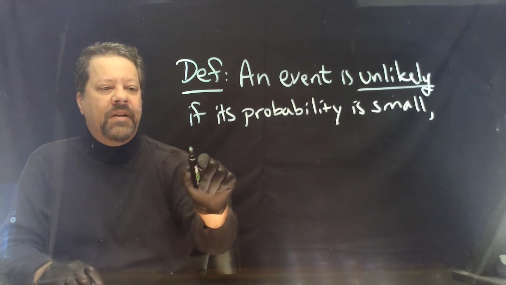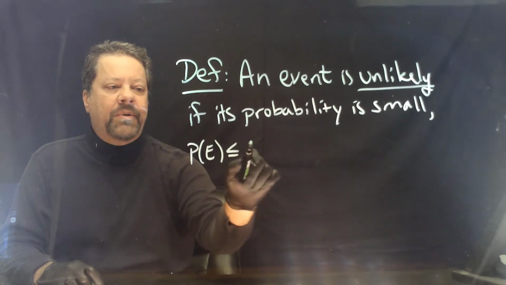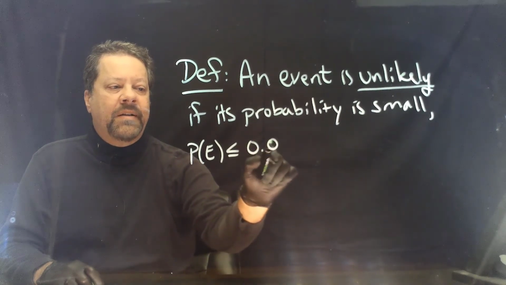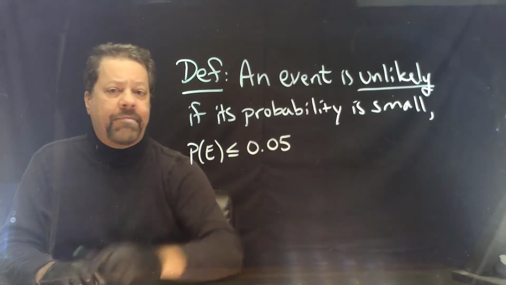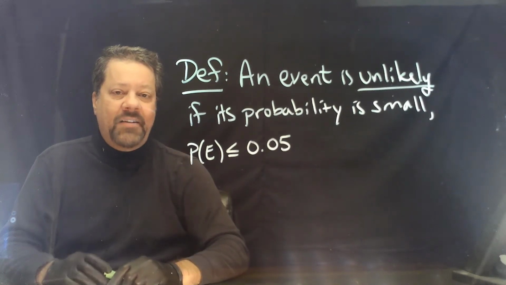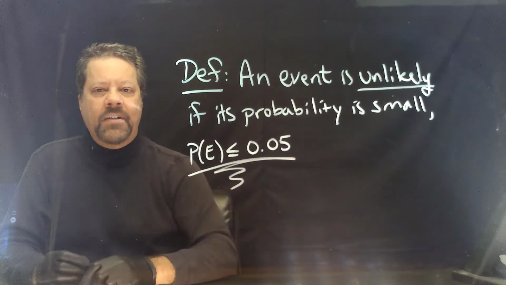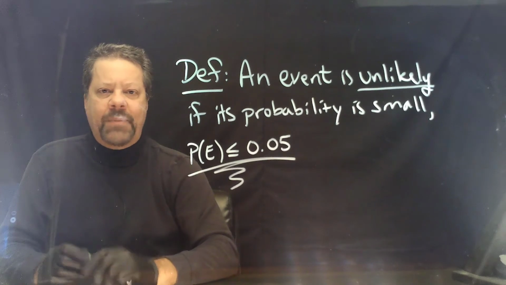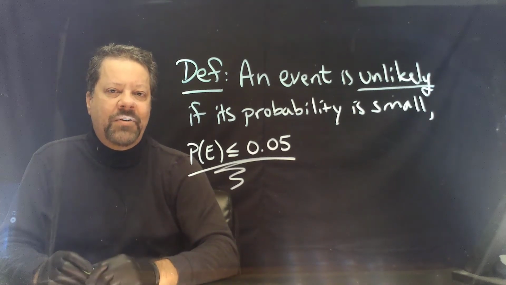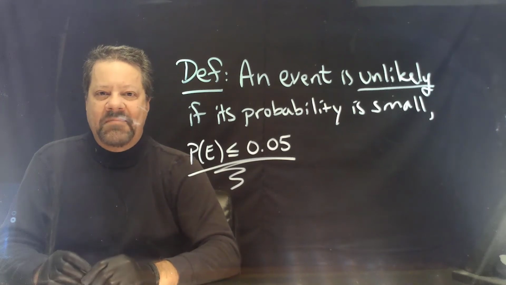And so, if the probability of the event is less than or equal to about 0.05, that's about a 5% chance, or less, then the probability is small. So for this course, any probability less than 5%, less than 0.05, will be considered to be unlikely.